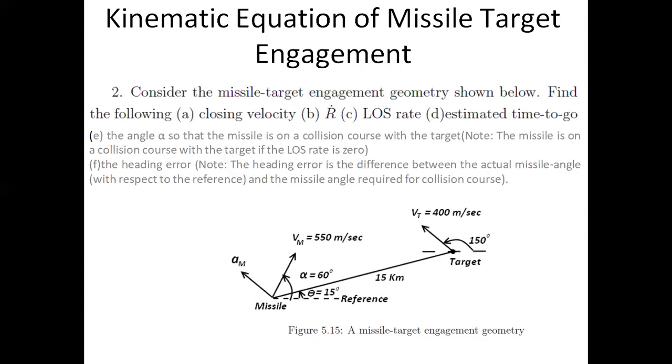Find out LOS rate. Remaining students, what are you doing? Hurry up, solve this question so we can move forward. We need to take the example of pure pursuit and derive the equations for that pure pursuit.